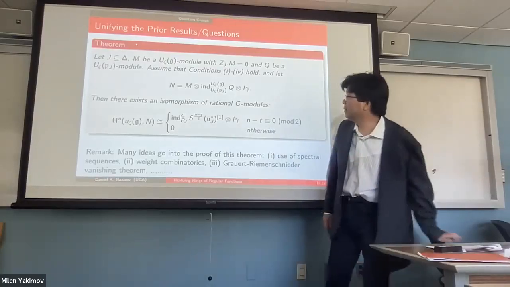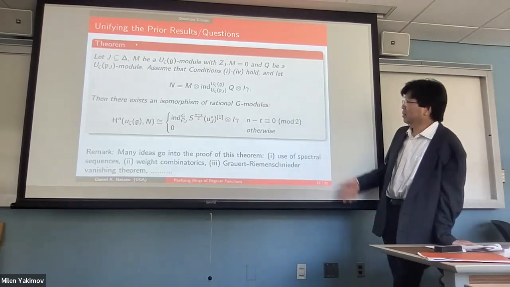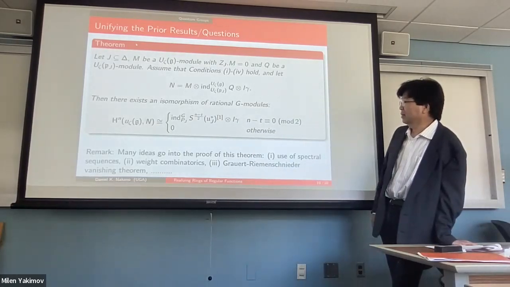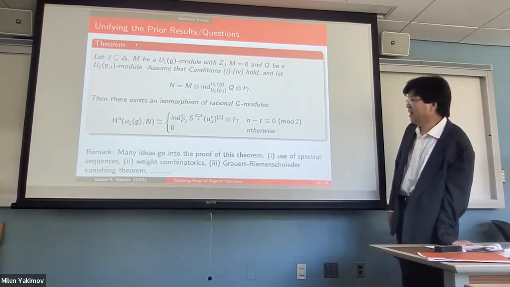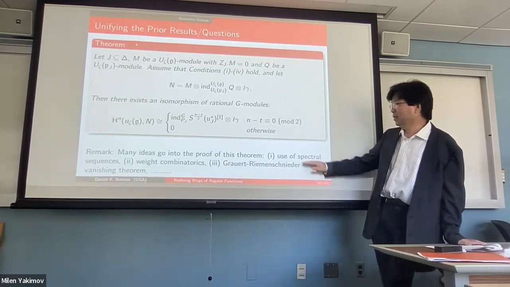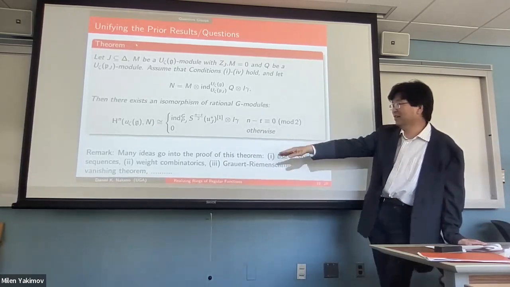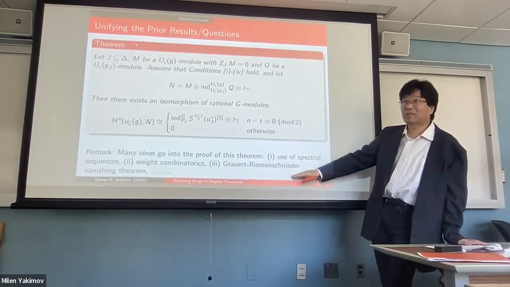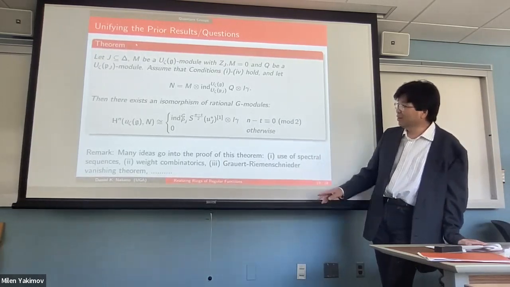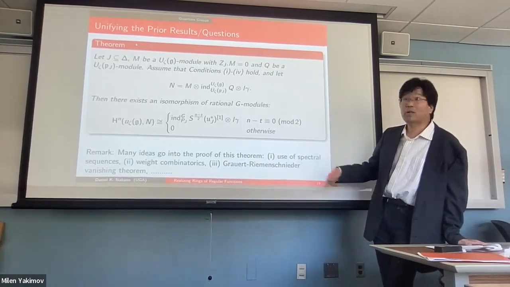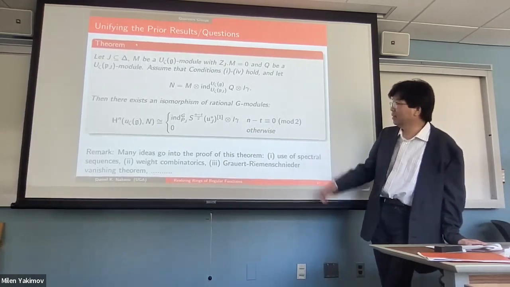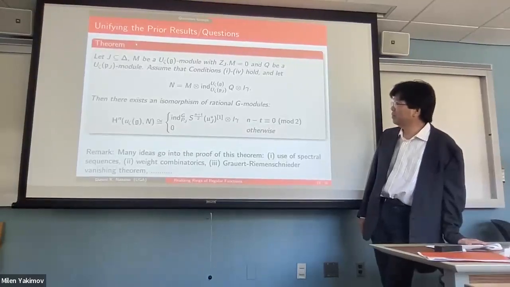Under these conditions, you can compute cohomology like this. As you can imagine, what goes into this kind of theorem is spectral sequences, weight combinatorics, and this Grauert–Riemenschneider vanishing. But you have to use much more involved techniques. The ideas are kind of the same, but the technical details are more important.